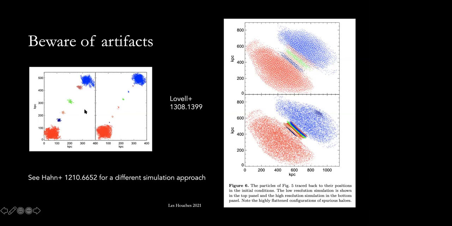If you do direct summation and you have two-body gravitational scattering of particles, you can have Poisson fluctuations that produce artificial halos.